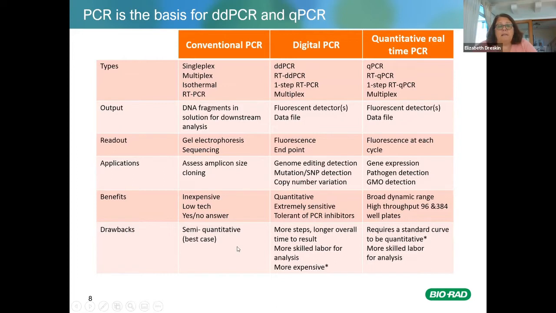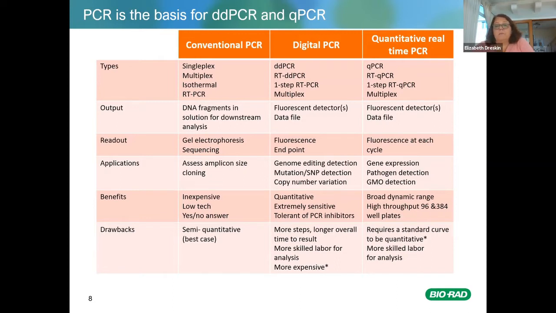And the drawbacks are that conventional PCR is semi-quantitative at best. Droplet Digital is a little bit more expensive, but also less expensive than other techniques like NGS that are out there. It has more steps and longer overall time to result. Quantitative real-time PCR requires a standard curve to be quantitative.